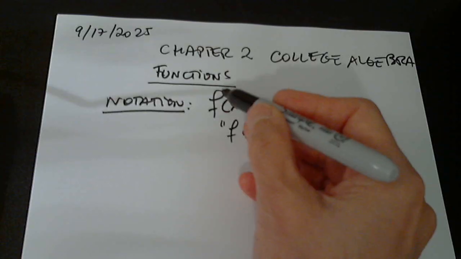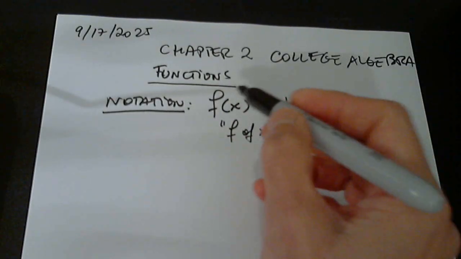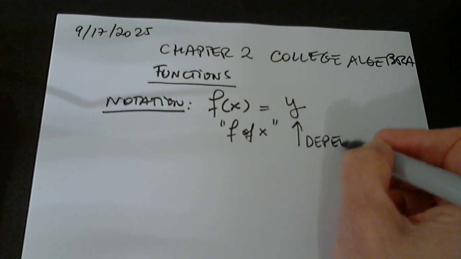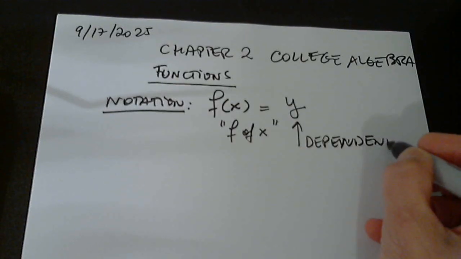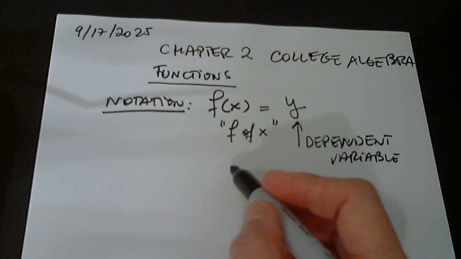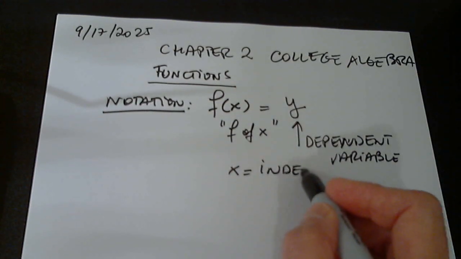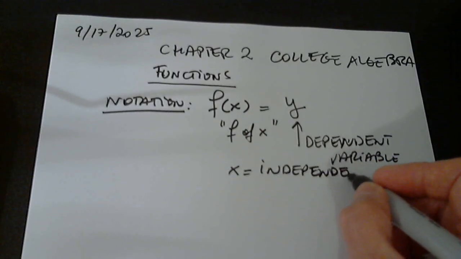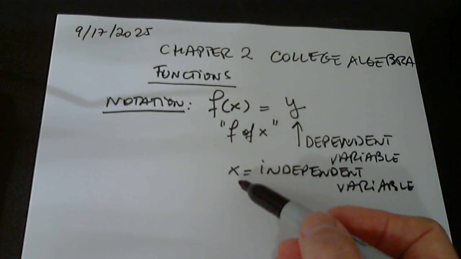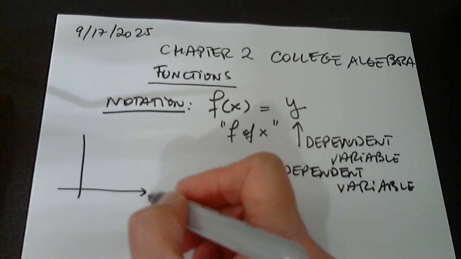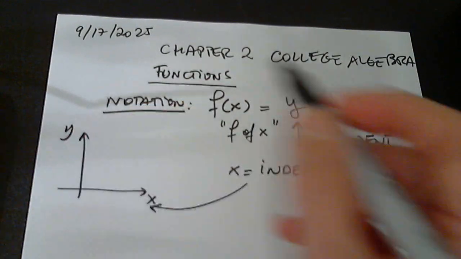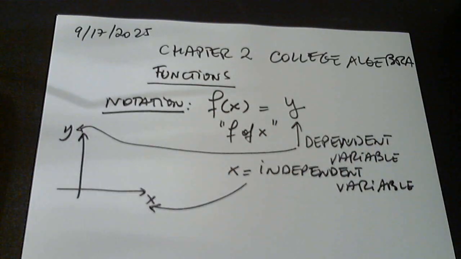So the function is entitled or named f, which is the dependent variable, and x is the independent variable. This depends on this, which means always the independent variable is on the x-axis, and always the dependent variable is on the y-axis.